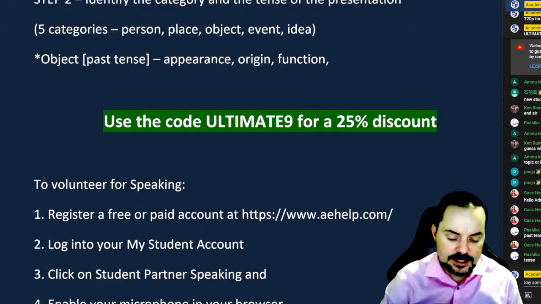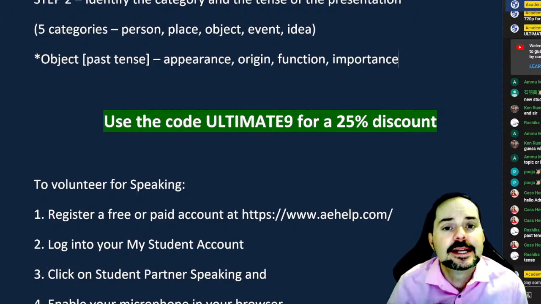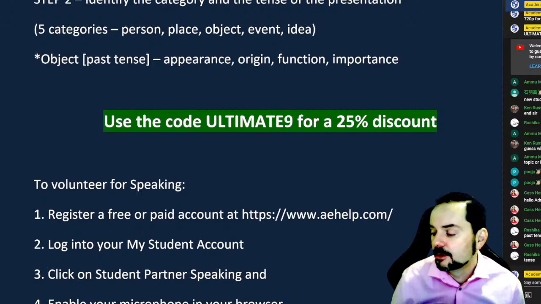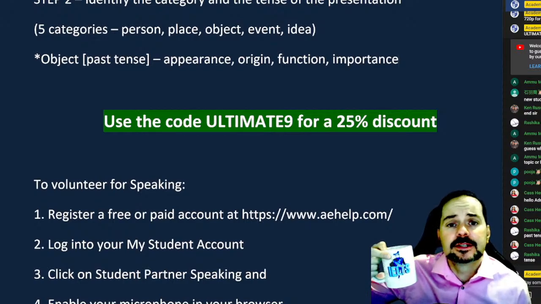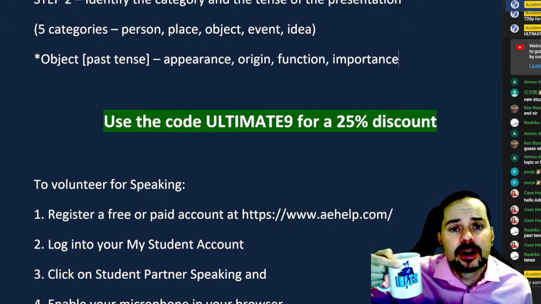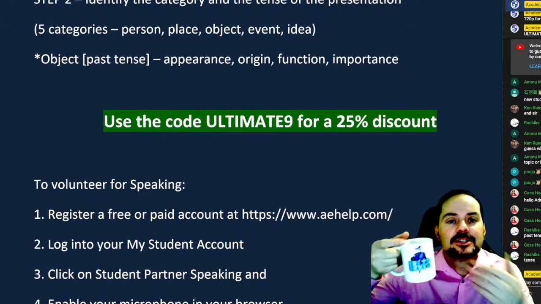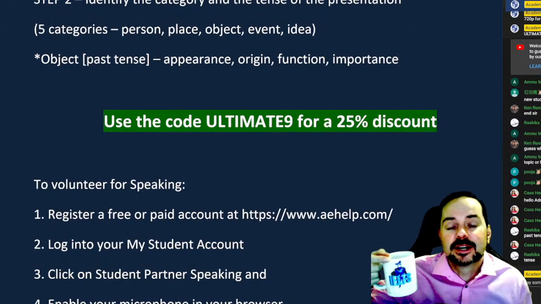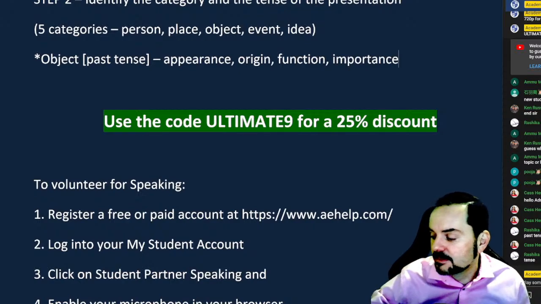And then its importance, right? So why is it important for me? So this coffee mug is important because it's a representation of our company. We use it for advertising during our lessons. People can see that we are discussing IELTS topics by seeing the logo every time I take a sip of water.